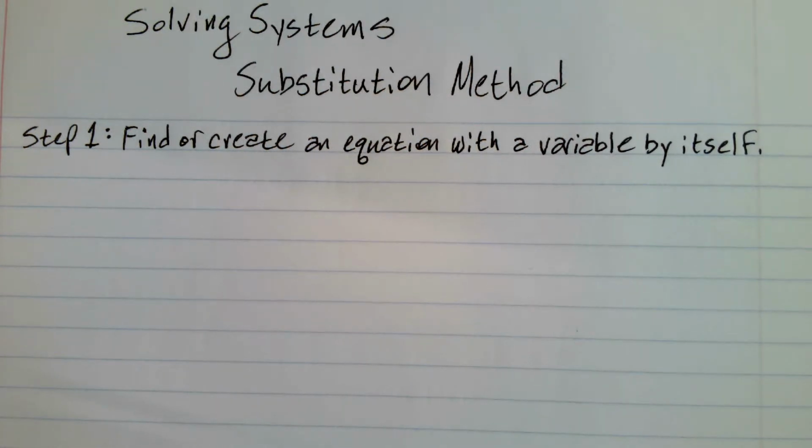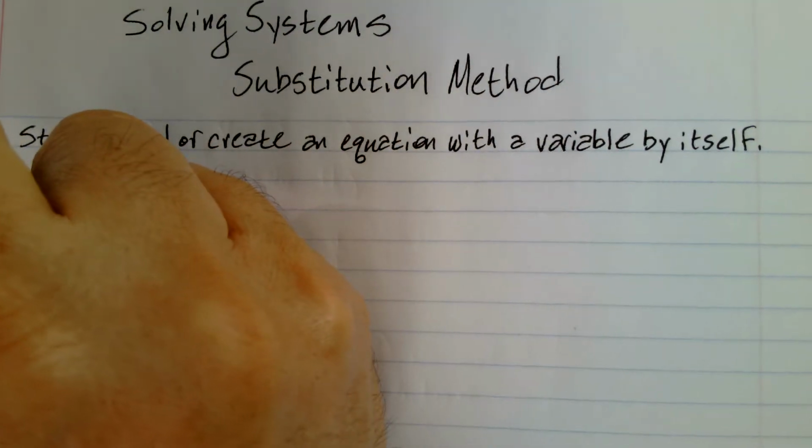Okay, so that's the first step: find or create an equation with a variable by itself. All right, let's move on to step two.